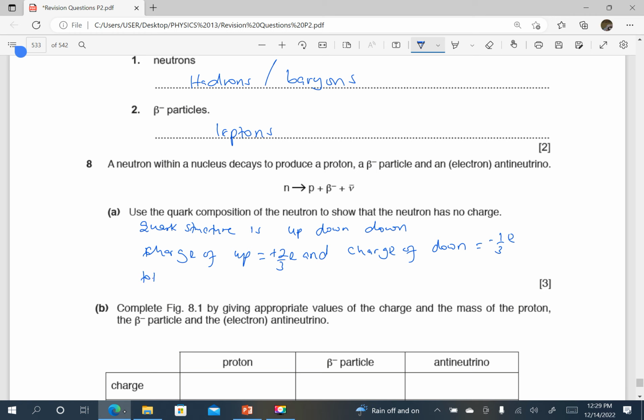So total charge is going to be equal to positive 2 over 3e plus positive 2 over 3e plus negative 1 over 3e, which is going to be 0 over 3, which is equal to 0. So neutron has no charge. The examiner will be able to know the quark composition, the charge of each of these up and down, and then you sum up to get 0. That's what will give you the 3 marks.